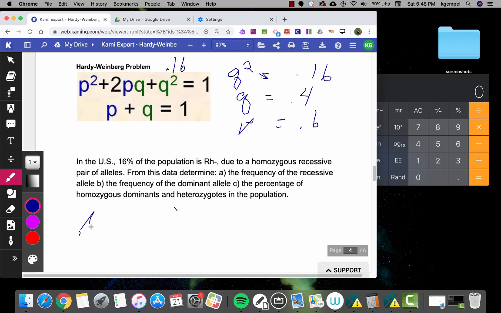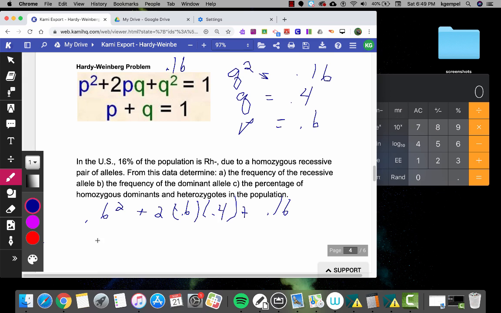All right, so now that I have q and p by themselves, I can go back to my first equation. So 0.6 squared plus 2 times 0.6 times 0.4 plus, we already know, is 0.16. Again, if I would have put 0.4 squared there, I'm going to end up with the same thing.